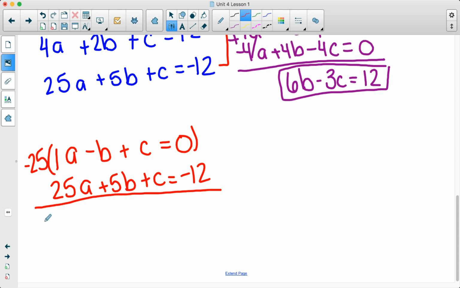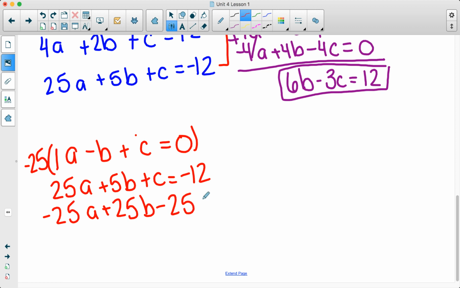Actually, I don't want that line there, so let's get rid of that. Gone. All right, I'm just going to multiply this -25 in, and rewrite it down here. -25a plus 25b minus 25c equals 0. And I'm going to add these two equations together.